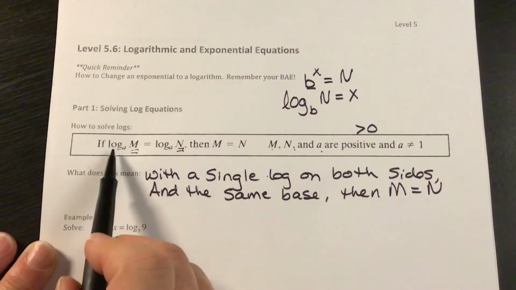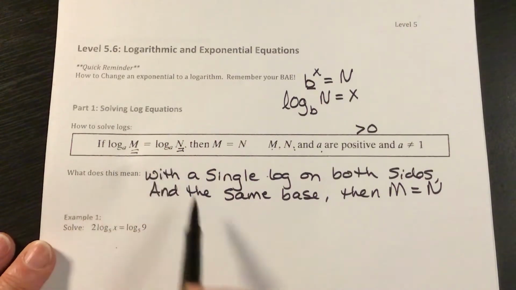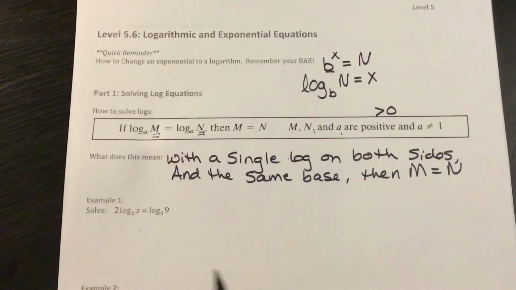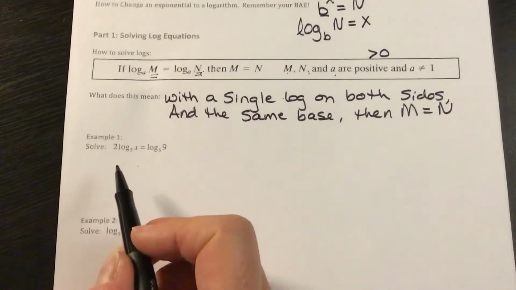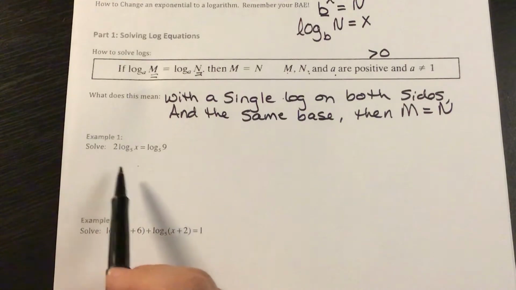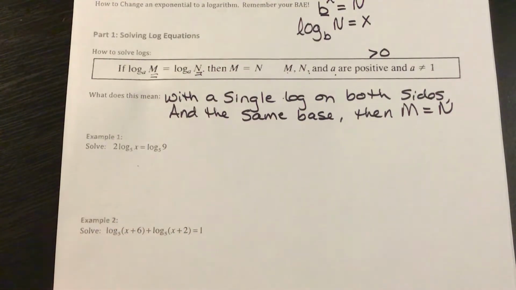So it has to be a single logarithm on both sides with the same base. All right, so here in example 1, we have a single log on both sides, and we're going to incorporate our properties that we learned the other day.